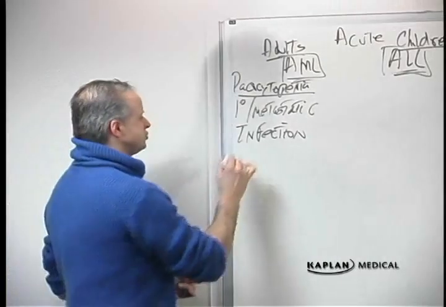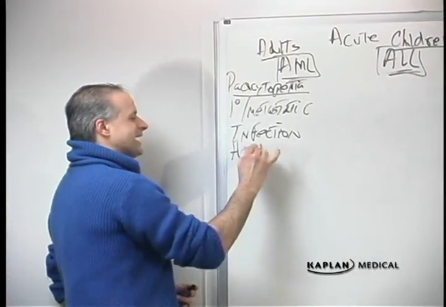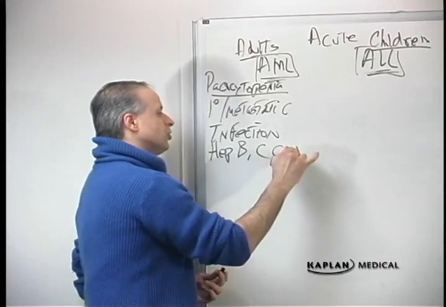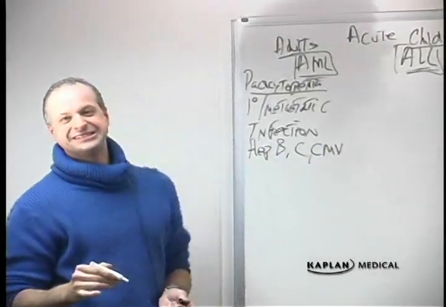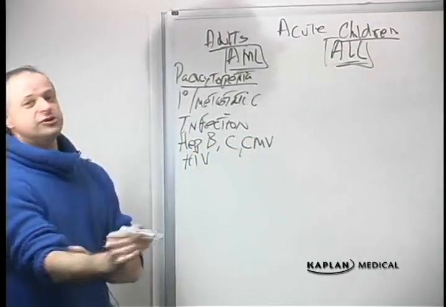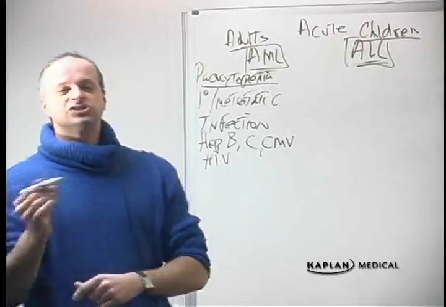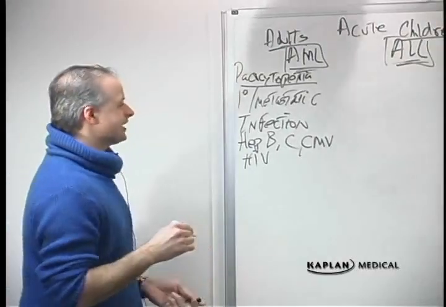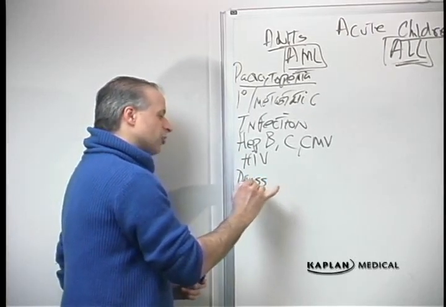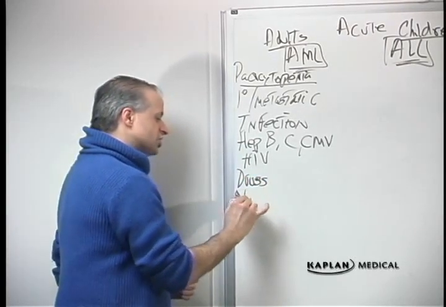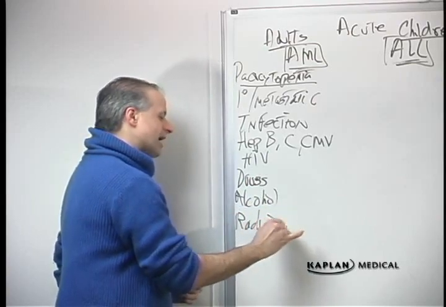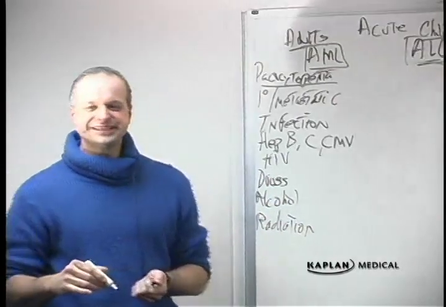The other thing is that you can have hepatitis B and C, cytomegalovirus, and HIV, actually freezing the marrow so that the marrow does not grow. So you can have any cancer and infection invading the marrow. You can have effects of drugs, alcohol, and radiation on the marrow, freezing the production of that marrow.